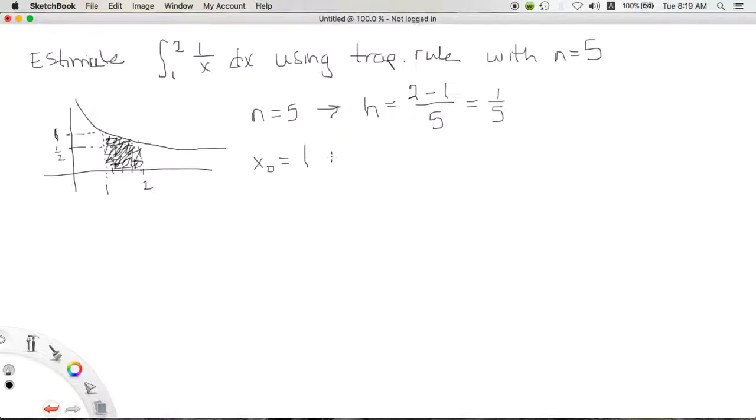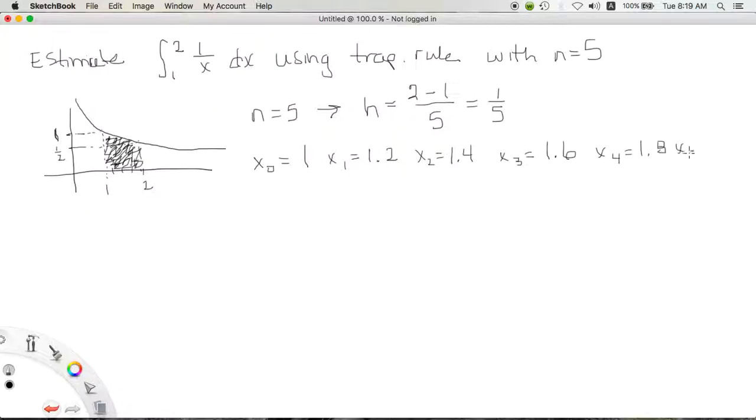We start with a, and then our next one is a plus our h. So we've got 1.2, or 1 1/5, and we just keep going until we get to our b.